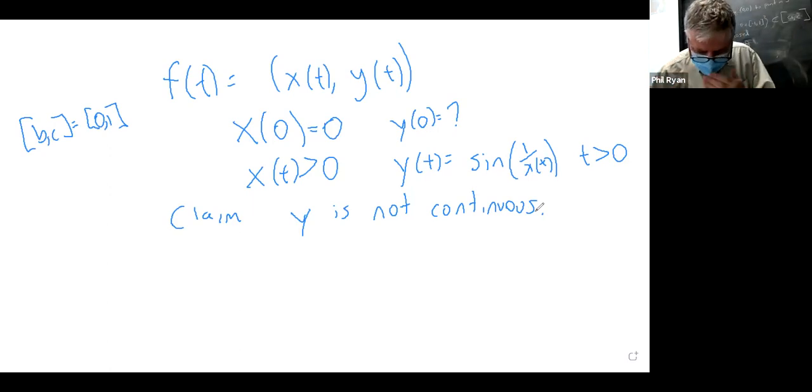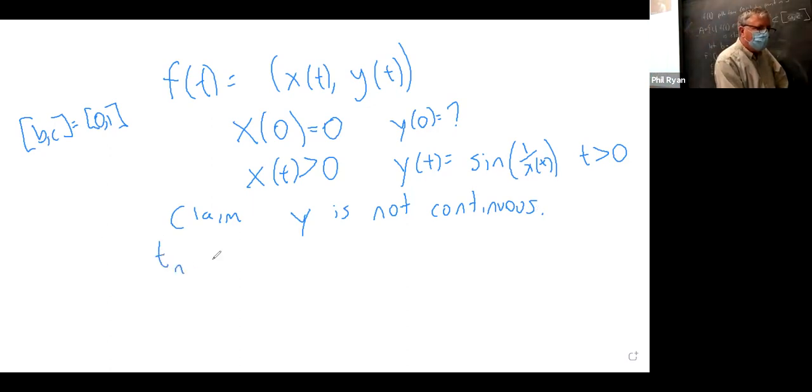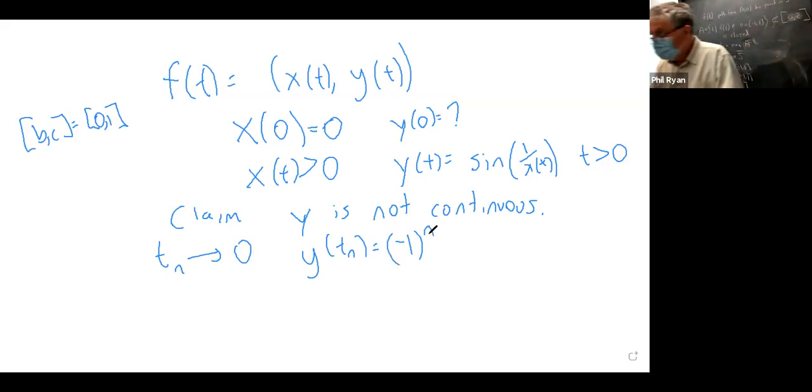What we want to do is construct a sequence t_n going to 0 such that y of t_n equals (-1)^n. And that will do it for us.